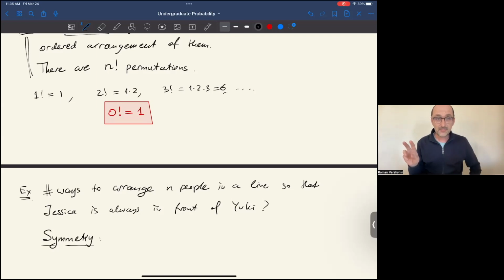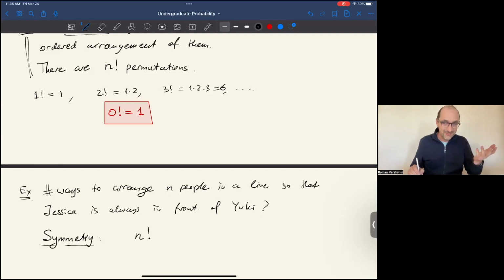Now, because of the symmetry, because Jessica and Yuki are just names, just labels of the people, there are the same number of ways to place Jessica in front of Yuki as the number of ways to place Yuki in front of Jessica. The total number of arrangements is n factorial.